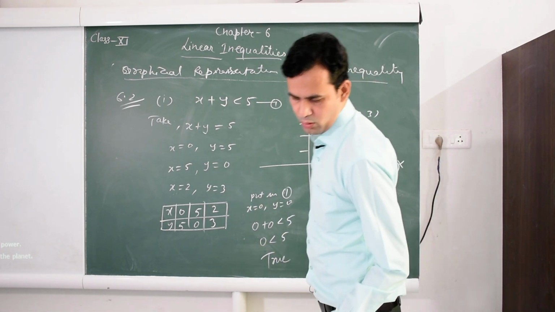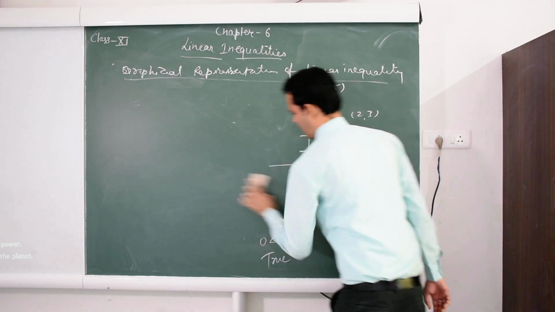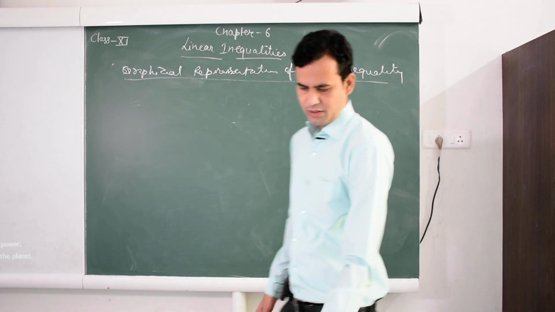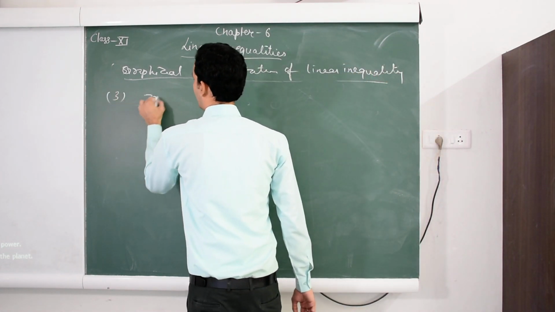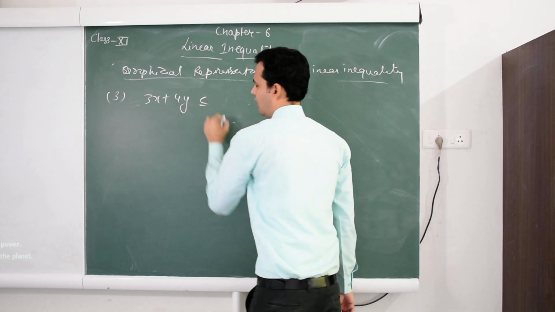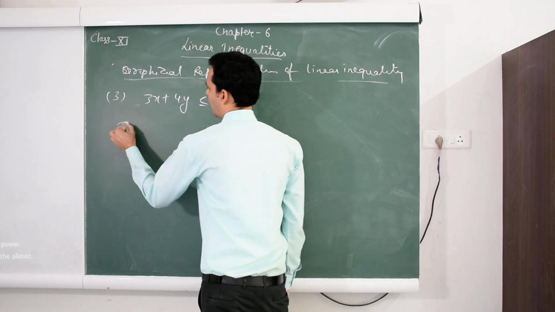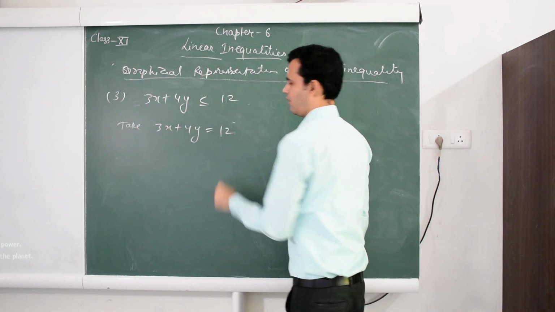Now we take one more question, question number 3 of 6.2. The question is 3x plus 4y less than or equal to 12. So we take 3x plus 4y equals to 12.